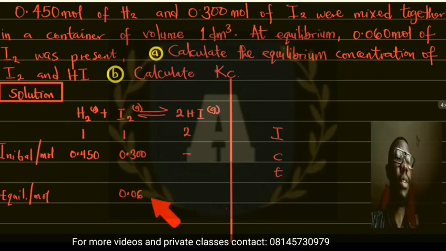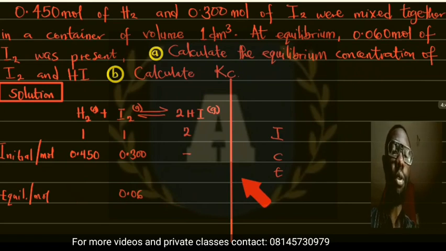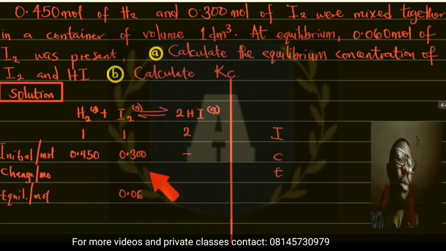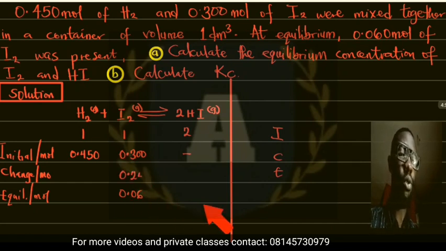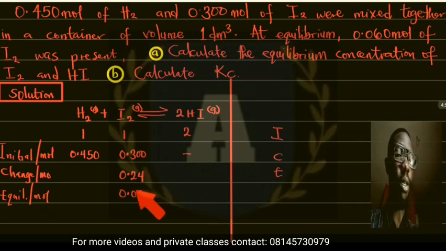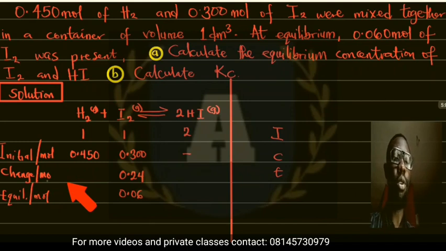Now to get the change in mole, we have to subtract 0.06 from 0.3. When we do that, we get 0.24. So you subtract this from this, and that is the change in mole for iodine.